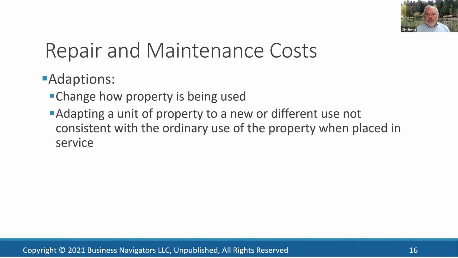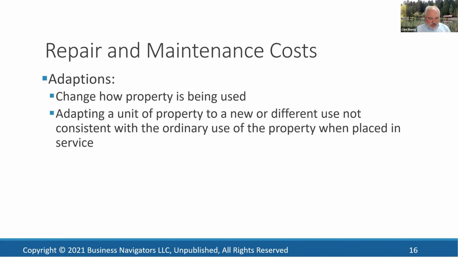So any cost that's adapting that unit of property, the barn or the building or whatever it is, when we bought it to do one thing, and then we spend money on it to change it so we can use it for a different use, something that was not consistent with how we used the property when we bought it, that's considered an adaptation, and those costs also have to be capitalized and depreciated.